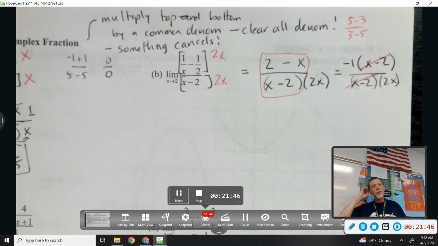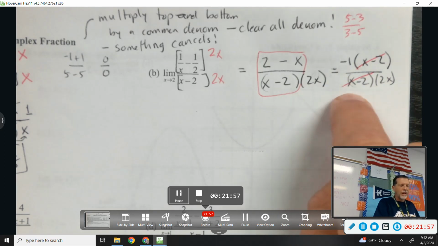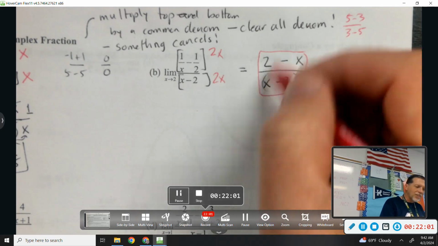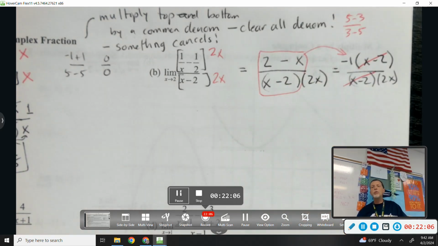It'll always be -1. So some people are going to skip this step. That's the official math step. But after you've done it 2 or 3 times, you're like, wait a minute, I'm always getting a -1 out of that. And so some people will say, I can just cancel that. I shouldn't say cancel it. That always reduces to a -1. So you can show the work. You don't have to show the work, whichever.